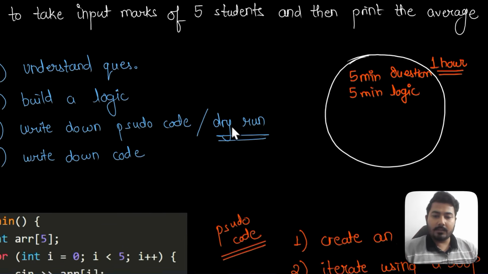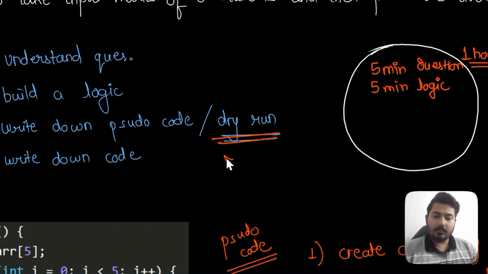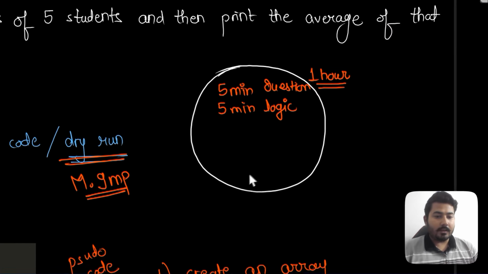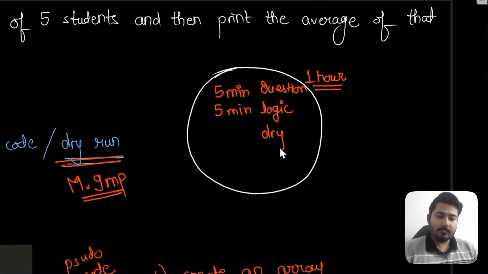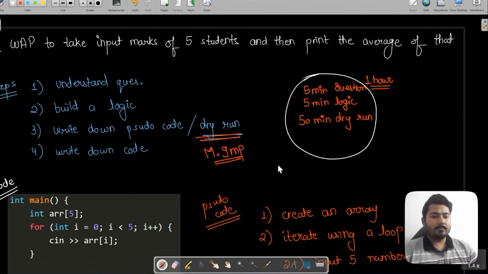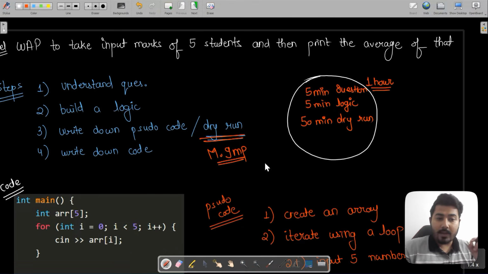most important part, which is this one. Most important part, which is dry run. Do not be afraid of spending all 50 minutes on your dry run. That's how important dry run is.